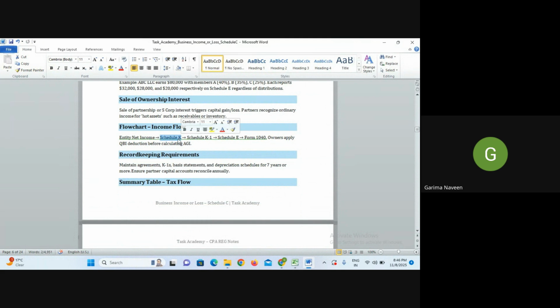Then Schedule K-1 is for each partner. If you have 10 partners, then 10 Schedule K-1s are filed to report each partner's income and loss percentage. Then this income flows to the partners' or shareholders' individual return through Schedule E and then to Form 1040.